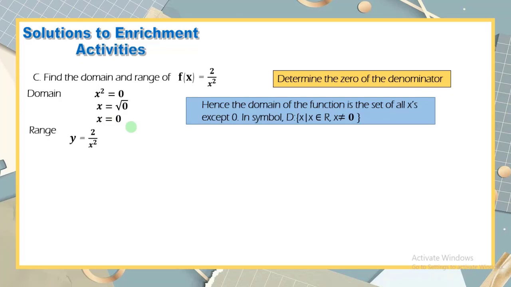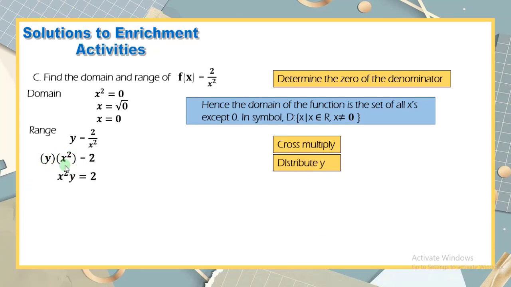For your range, we change f of x to y, so y is equal to 2 divided by x squared. Then cross multiply. So this will become y times x squared equals 2. Distribute y. So that is x squared y equals 2. Then solve for x.